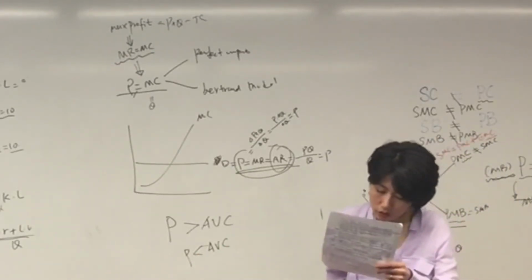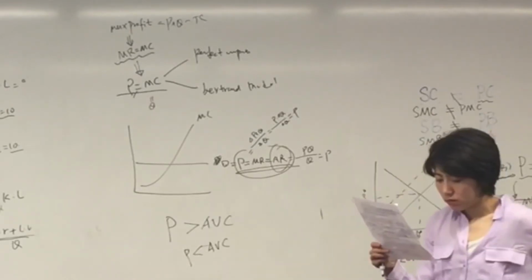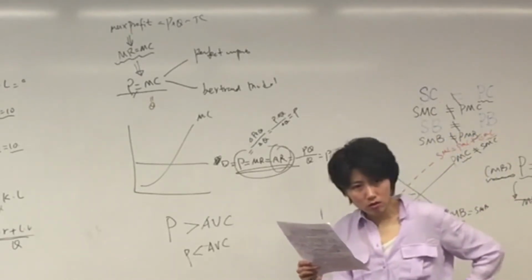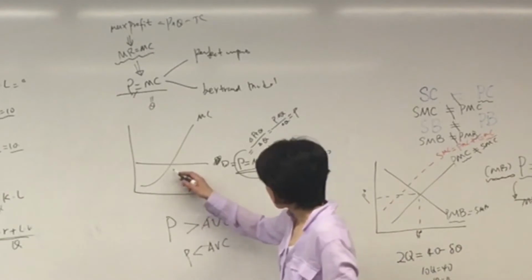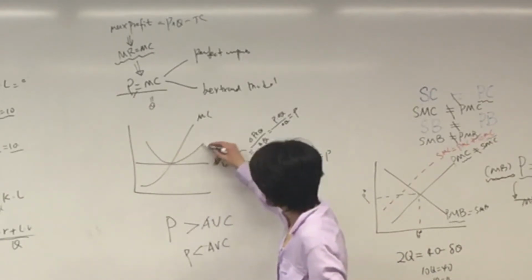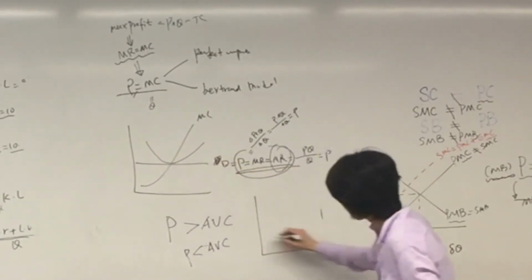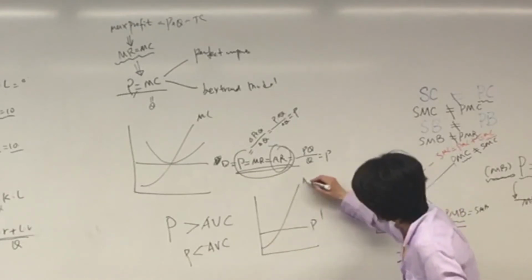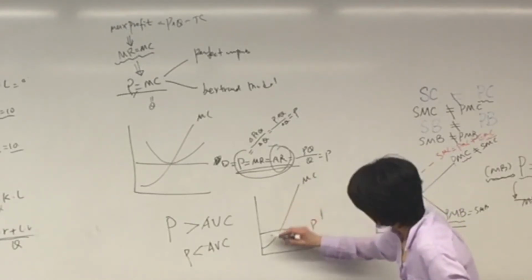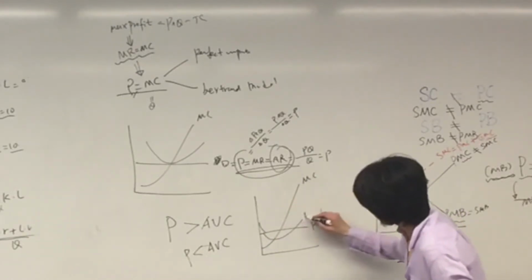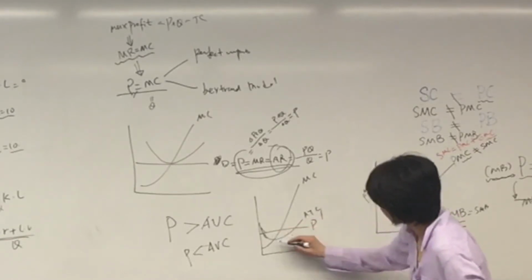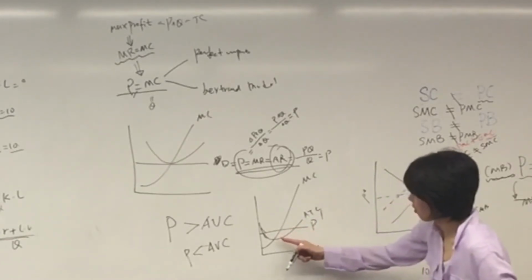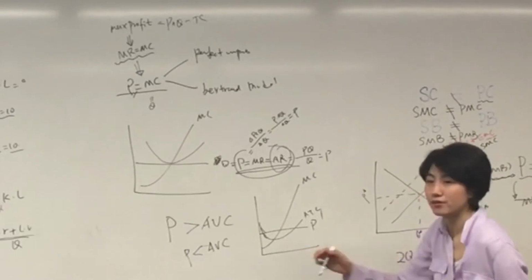A long-run solution for perfect competitive market: profit is 0. Right? So if this is the price, marginal cost, and this is the average total cost, the firm will keep operating and earn positive profit.